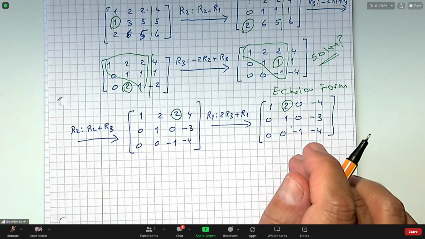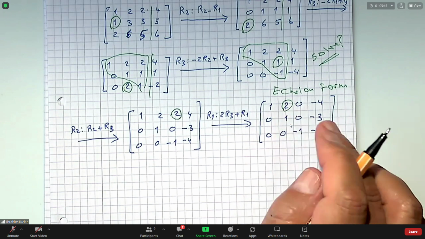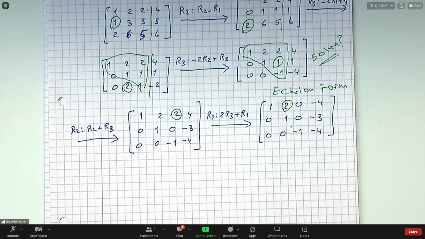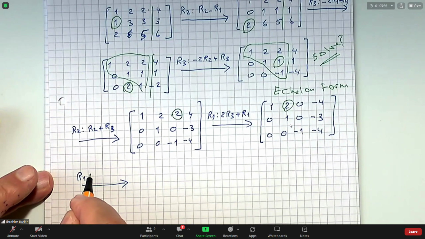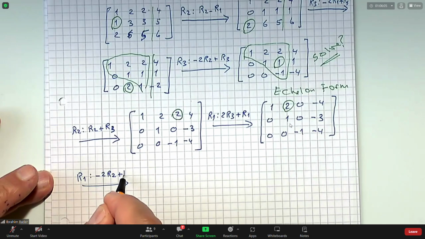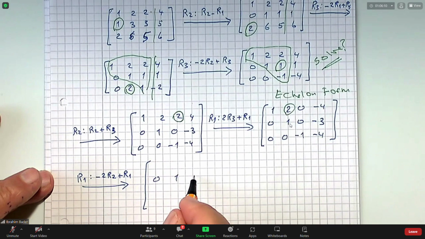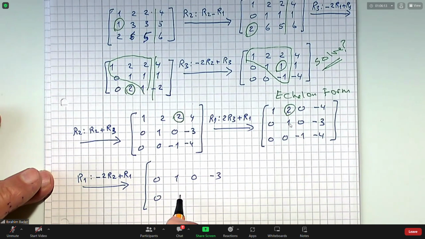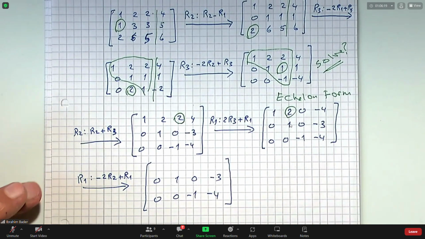So the operation we're going to carry out in this step is replacing R1 by the result of multiplying -2 with R2 and adding it to R1. Okay, so here second 0, 1, 0, -3, 0, 0, -1, -4.